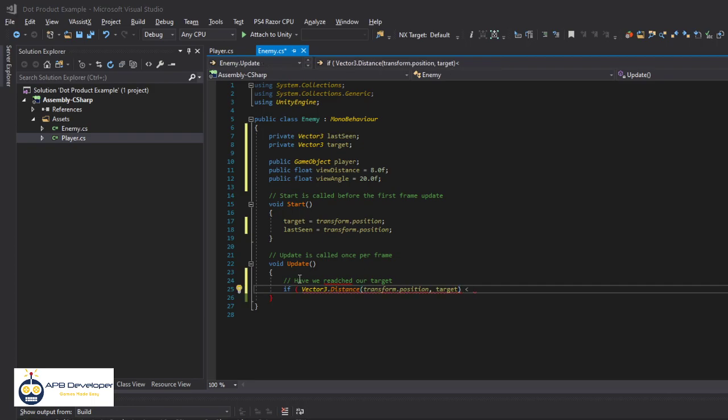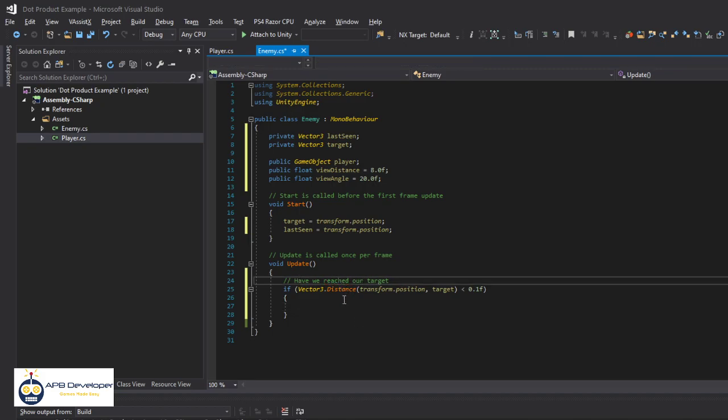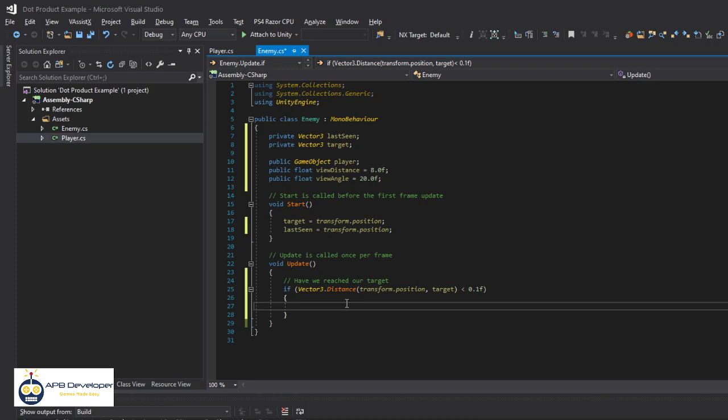If that is less than a certain small value, just because of inaccuracies with floating point, you never really compare exactly with 0, so we'll check with 0.1. At this point, we've reached our target point, so we'll pick a new spot to move to.